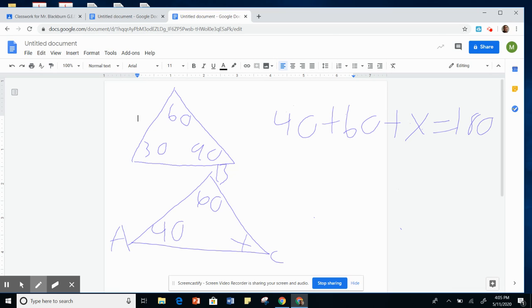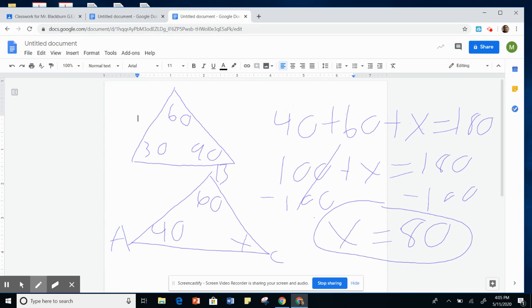This will give you the same answer. 40 plus 60 is 100, plus x is equal to 180. And then just like you solve a regular equation, subtract 100 from this side, subtract 100 from this side. That cancels. X is equal to 80.